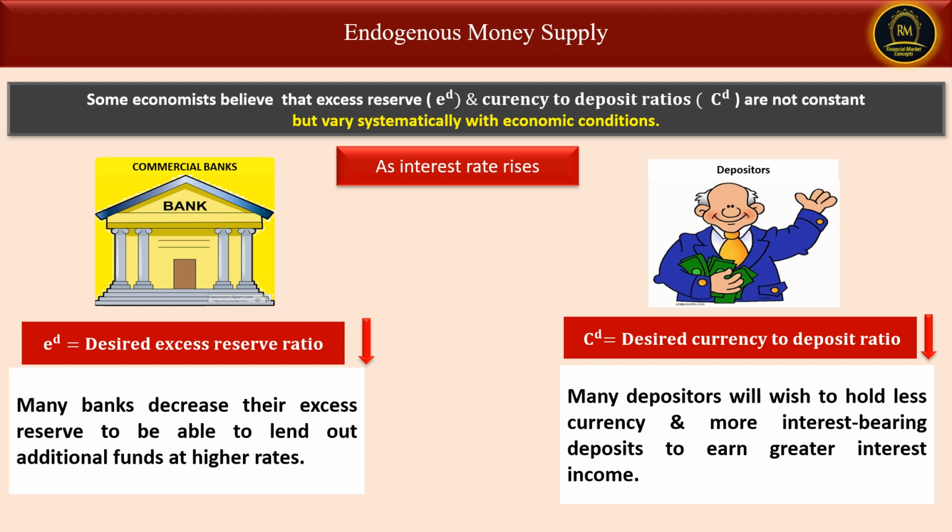As a result, we can see that a higher interest rate leads to a lower desired excess reserve ratio and a lower desired currency to deposit ratio.